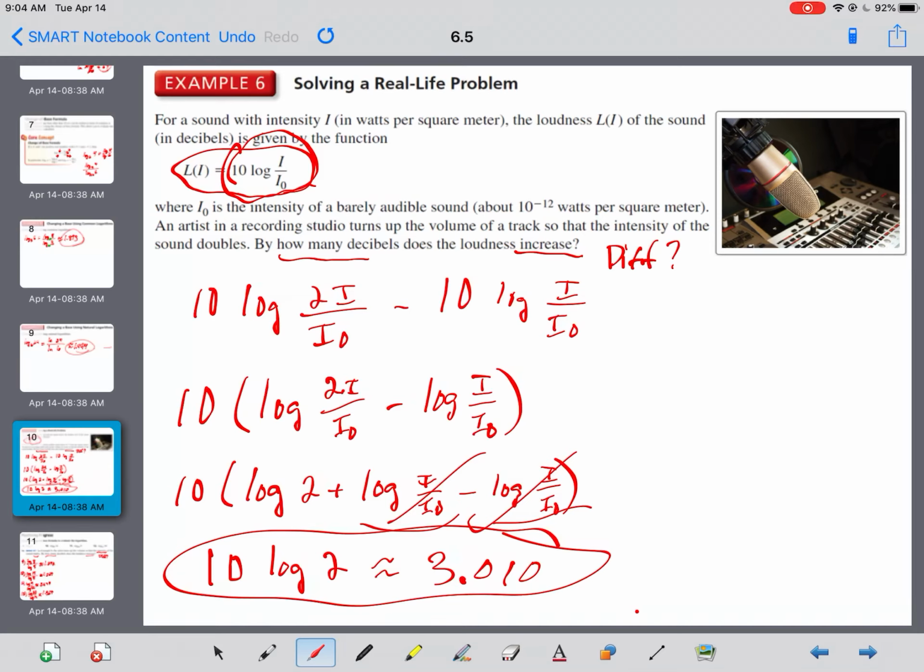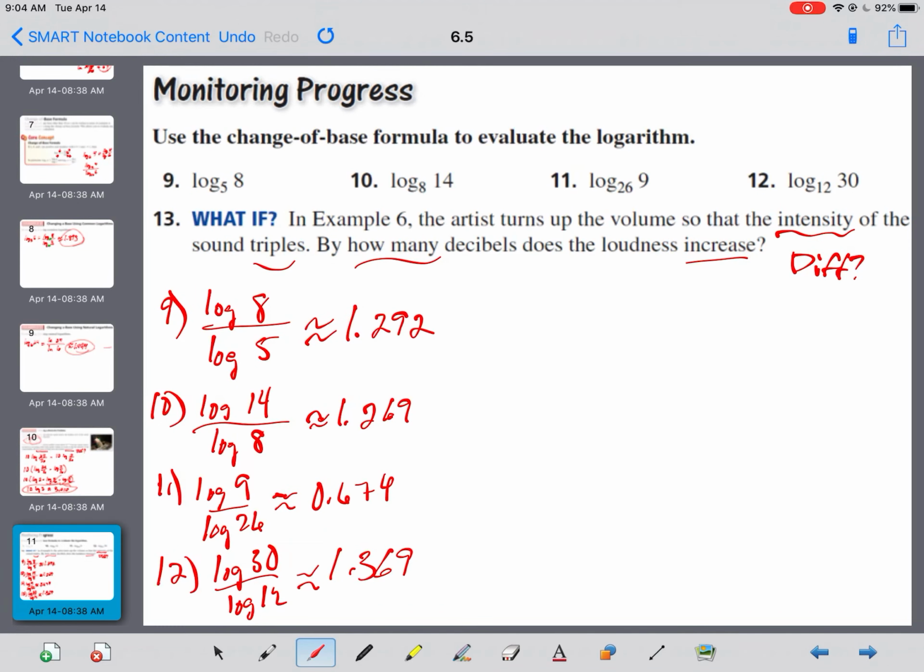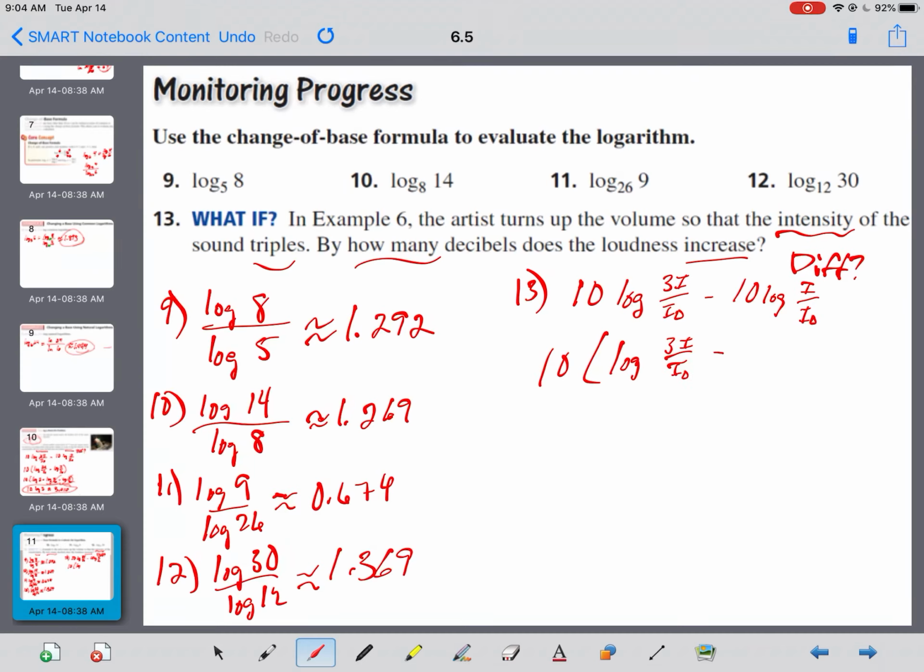Now, if we look at the word problem, it's very similar to the one that we just did. So if we go back over here and look, this time it was doubles, so we put in a 2 next to the intensity. This one they want triples. So for 13, it's going to be 10 times the log of 3I over I sub 0 minus 10 log I over I sub 0. Pull out the 10.